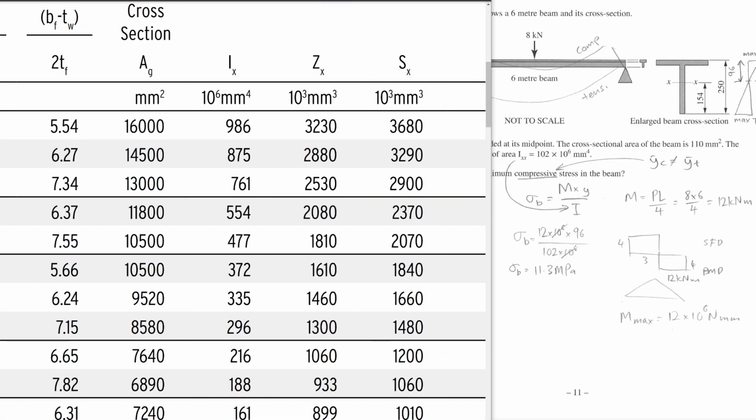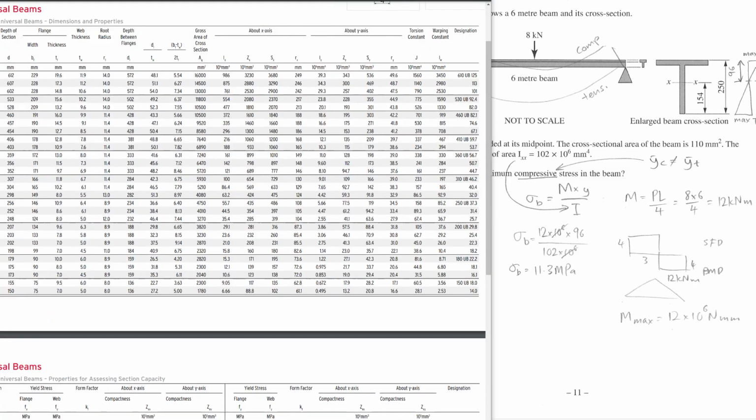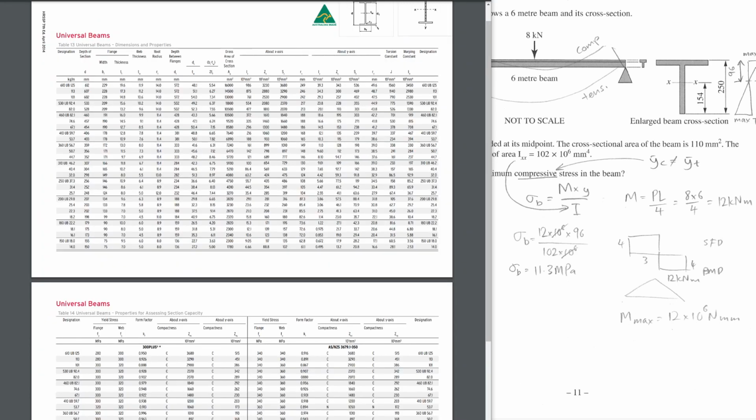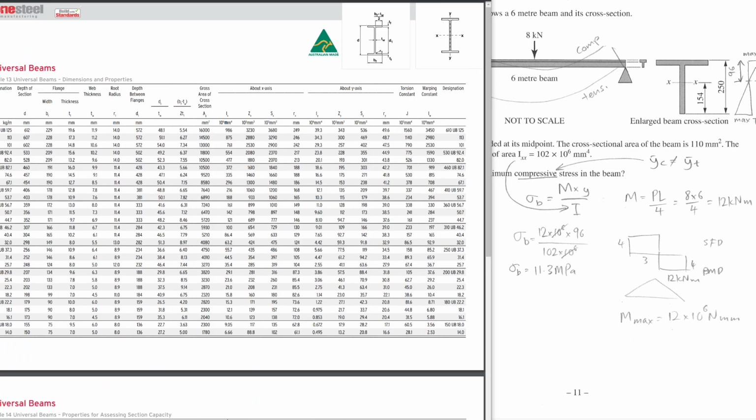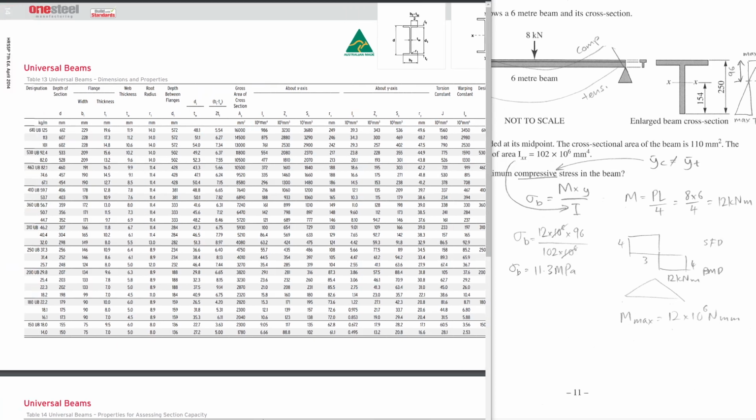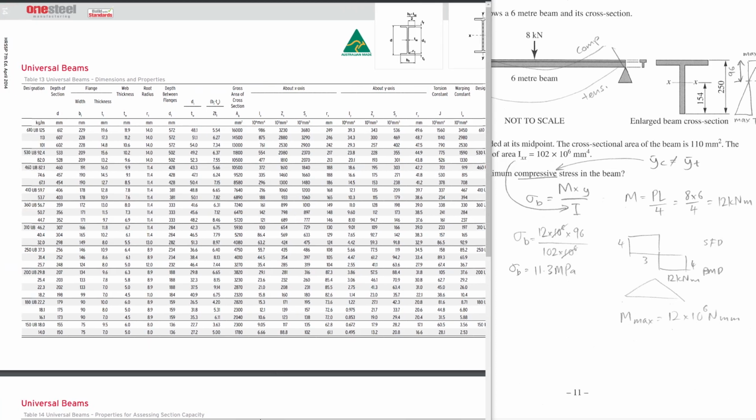This is why I think Copeland is wrong, and that Copeland should be using millimeters to the 4 in his examples rather than meters to the power of 4. That said, in the recent HSC, like the 2020 one, they did give us the second moment of area in meters to the power of 4. I did not like that. I don't think we should be doing that, because it's not standard practice and it makes life more difficult.